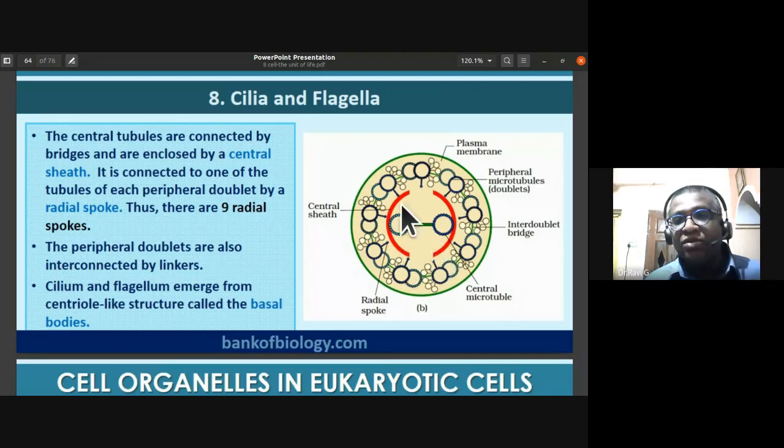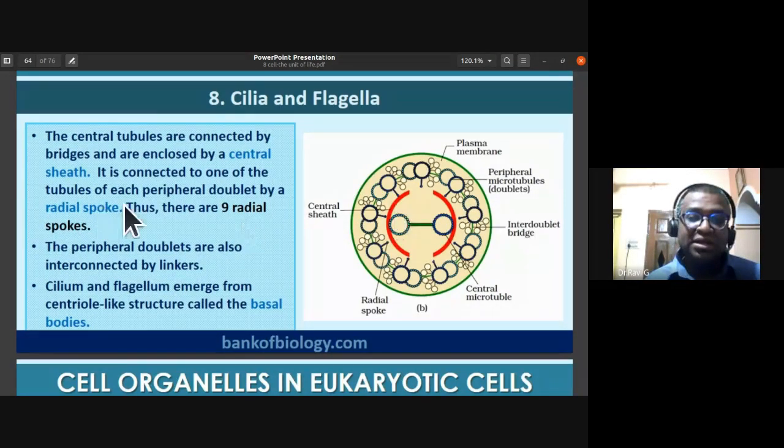The central sheath is connected to one of the tubules of each peripheral doublet by means of a radial spoke. I told you just now that it was asked in the 2020 CET examination.